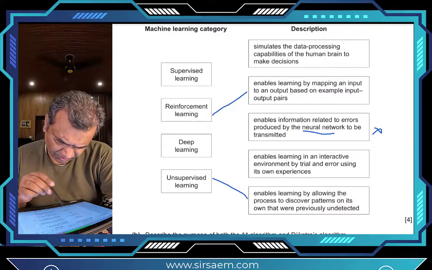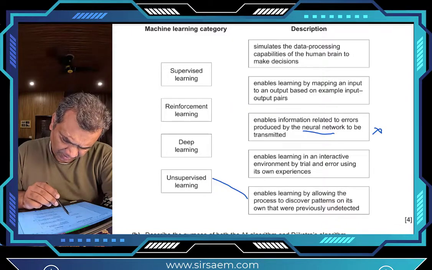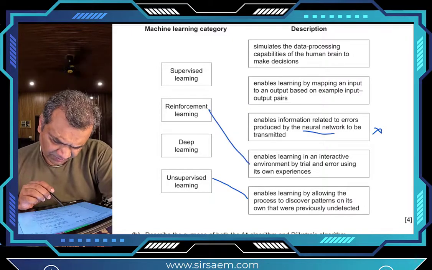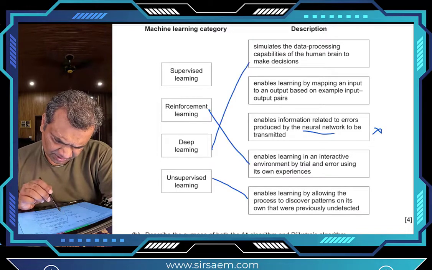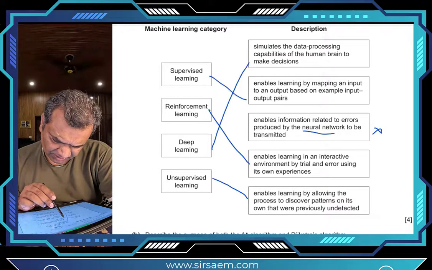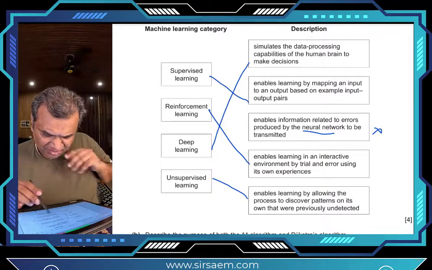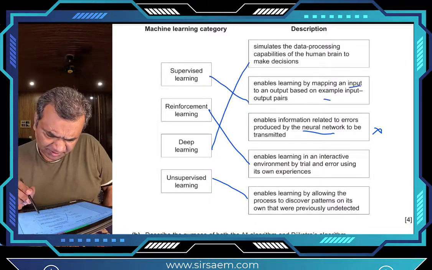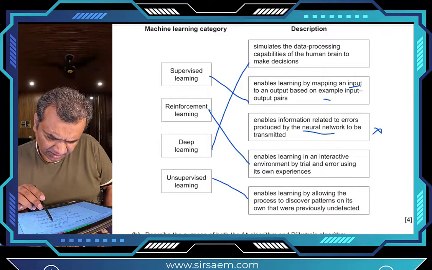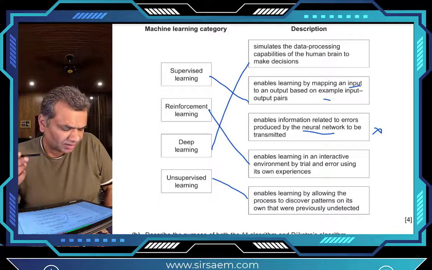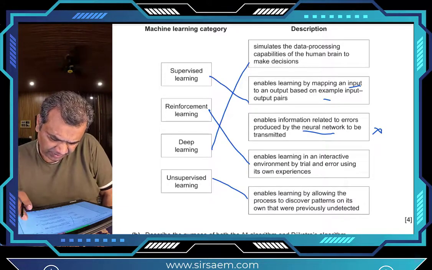This will be your reinforced learning. Deep learning would be this simulation of data processing, and supervised learning will actually be this. Supervised is when you input and output at the same time. Deep learning simulates data processing capabilities of the human brain. When computers start behaving like humans and they can make decisions, that's deep learning.